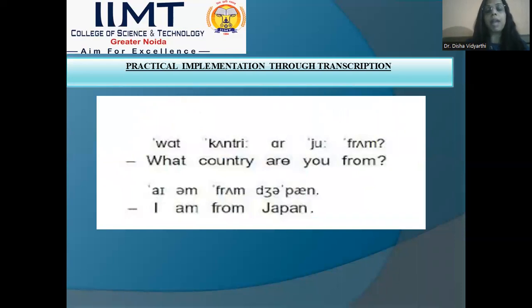Now here comes the practical implementation of the transcription. Here is the empirical value of studying the phonology of the English language. See, it can be vice versa. First, you can start by taking random words and transcribing them after learning the symbols and the correct articulation of those sounds. Until you have learned the correct articulation, which we will deal with in the next session, because this is the basic module of phonology.